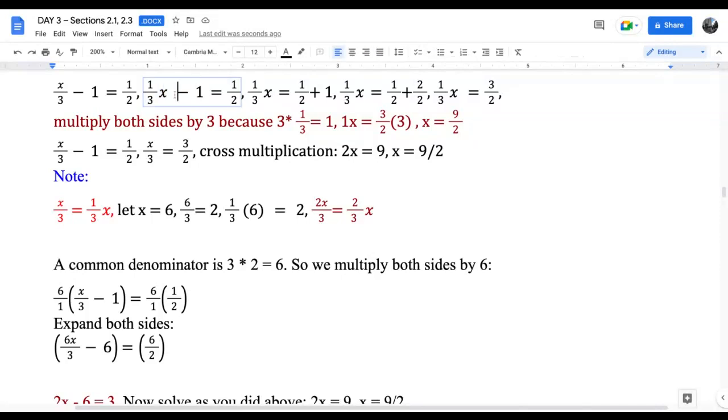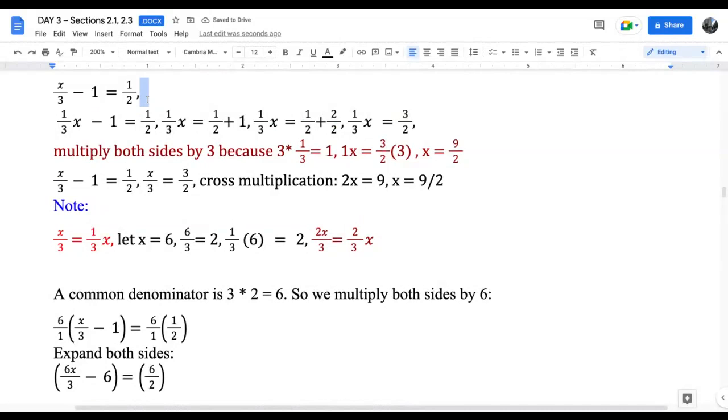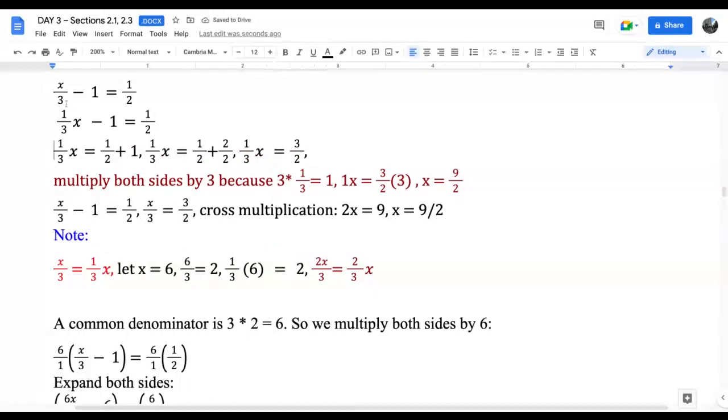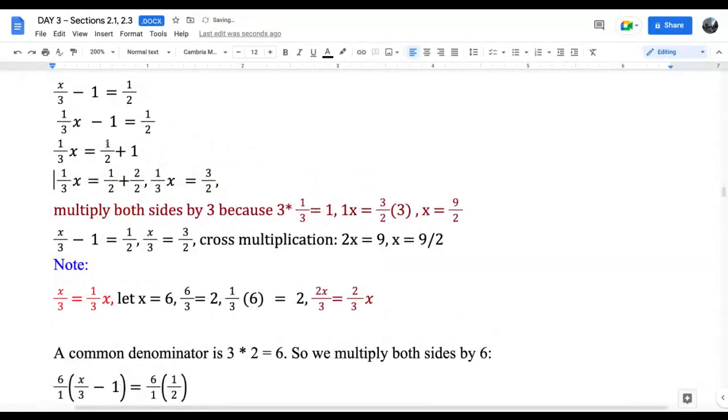We can move negative 1 to the other side. So x over 3 is 1/3 of x. Let's move negative 1 to the right-hand side. So I have 1/3 of x equals half plus 1. Then what's half plus 1? 1 is 2 over 2, right? Half plus 1 is 1.5. It's 3 halves.